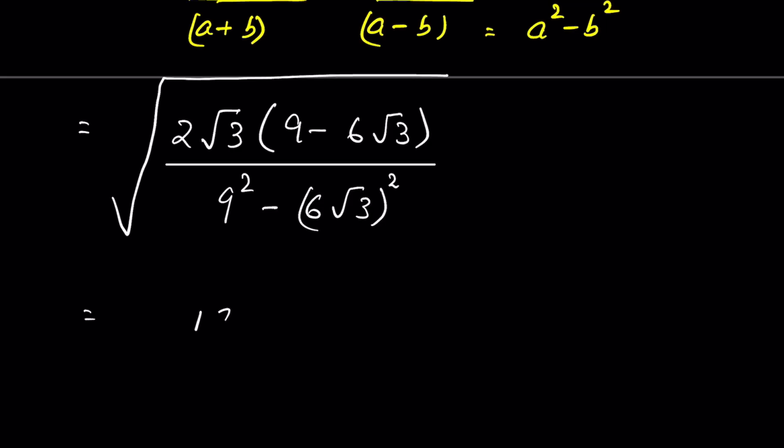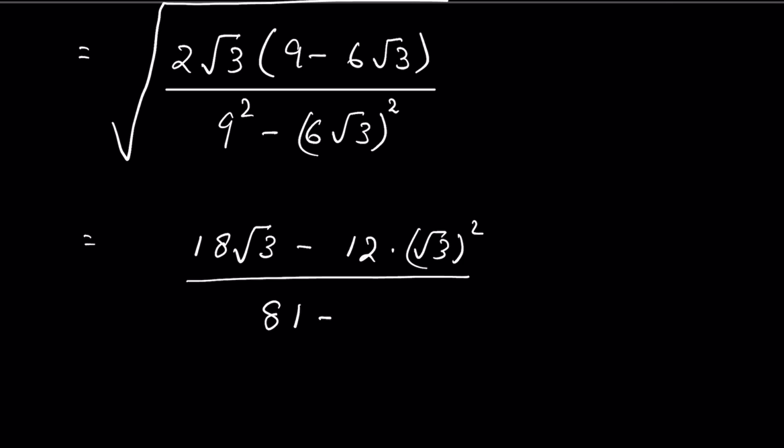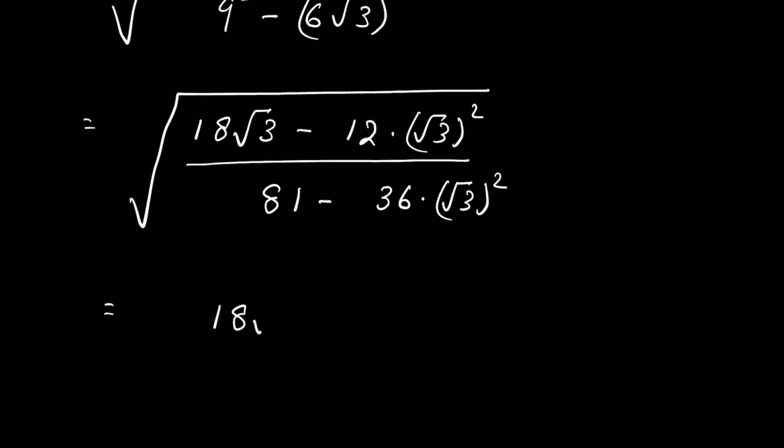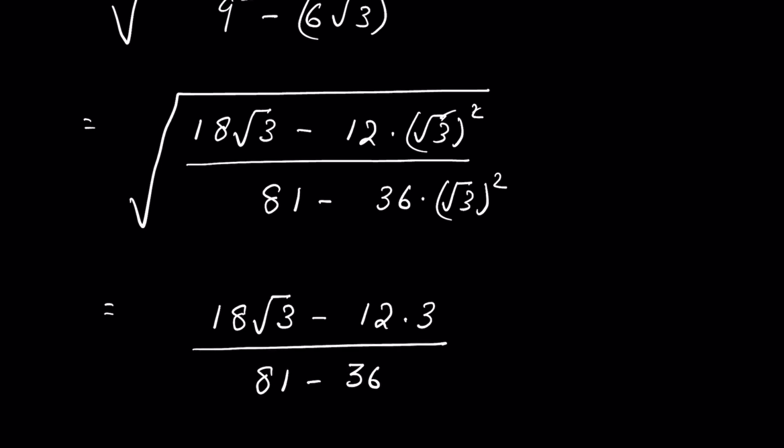This is 18 times square root of 3 minus 12 times square root of 3 square upon 81 minus 36 times square root of 3 square, under square root, or 18 times square root of 3 minus 12 times, remove the square root with the square, 3, upon 81 minus 36 times, remove the square root with the square, 3, under square root.